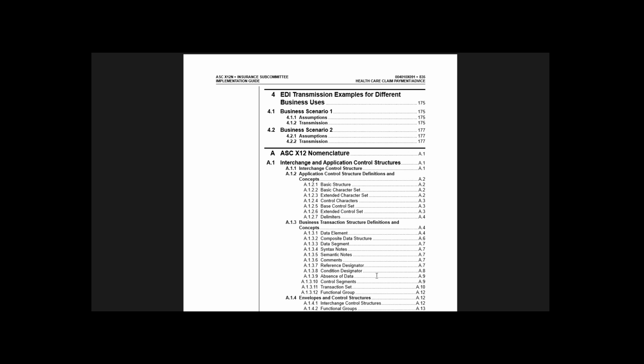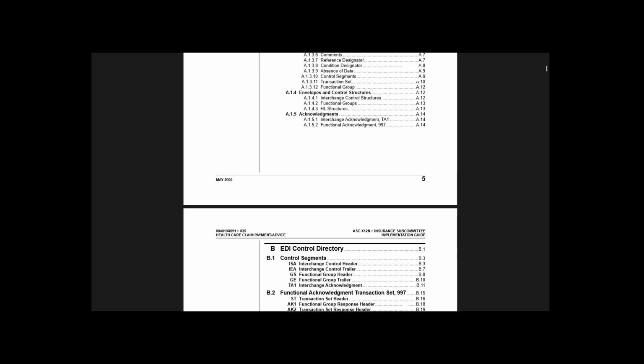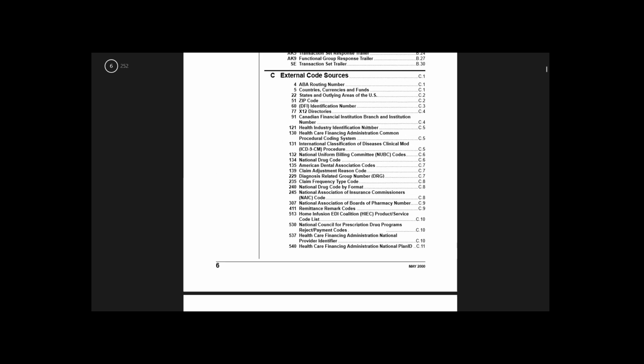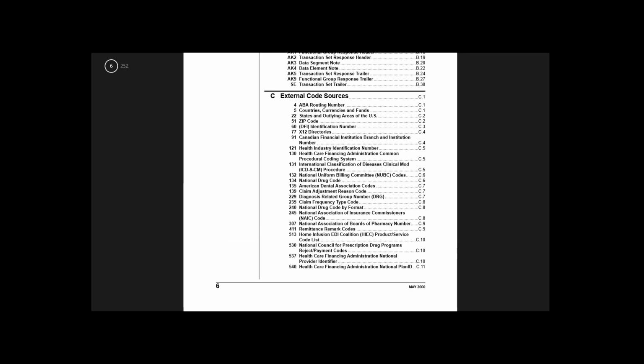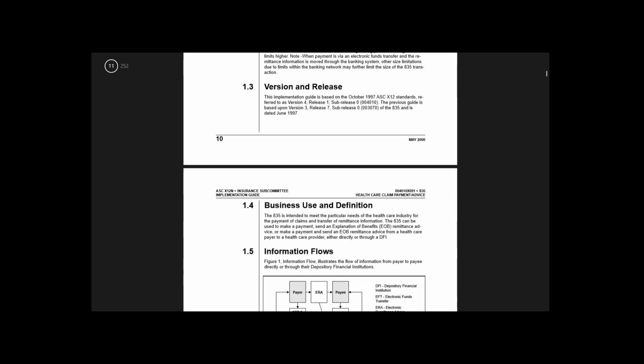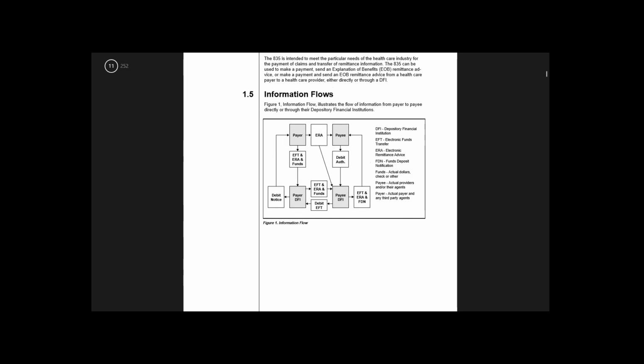Now, there are some codes which are very specific to HIPAA, which need to be used when the 835 is getting generated. Those codes are called the CARC code, which is Claim Adjustment Reason code, and the RARC code, which is your remark code. I will walk you through where exactly you need to look for the CARC codes and the remark codes, and that is publicly available. You can Google it, you can research it, and take it forward to the next level of the analysis.